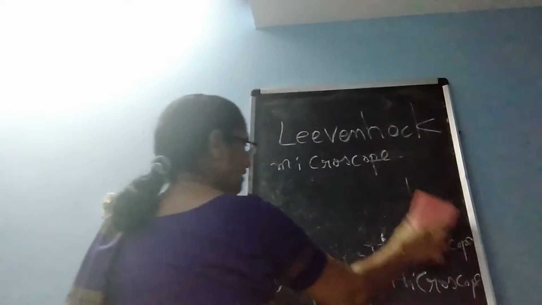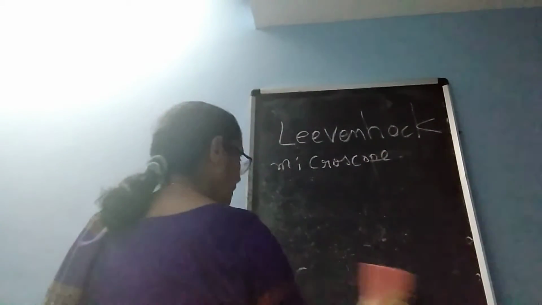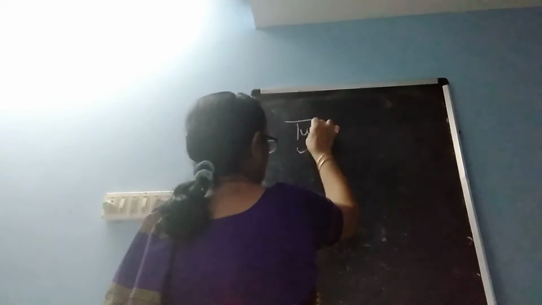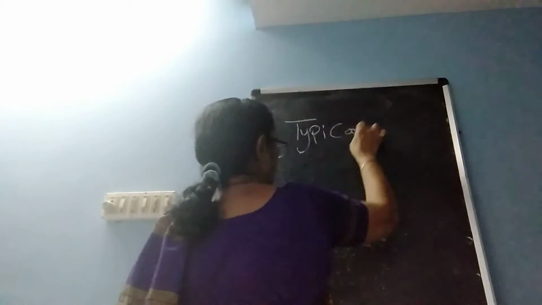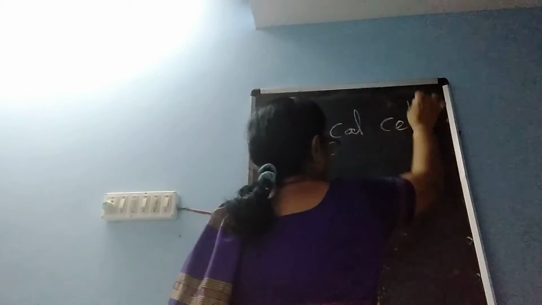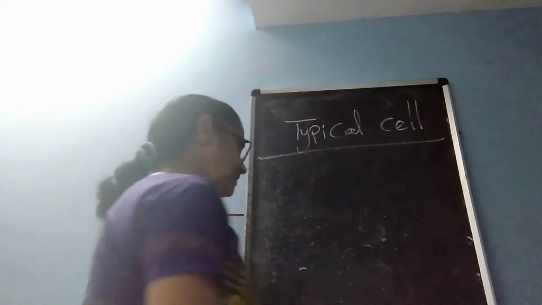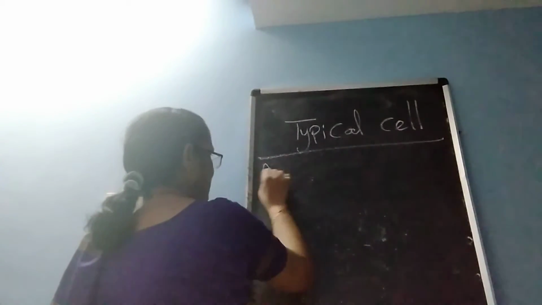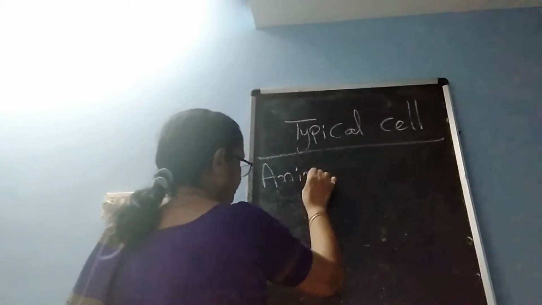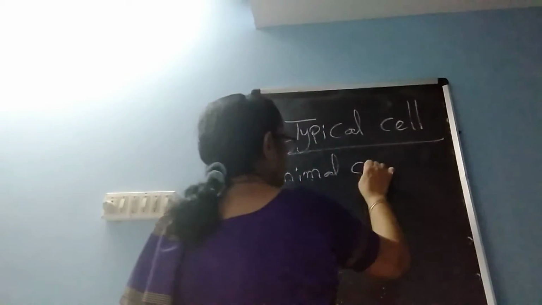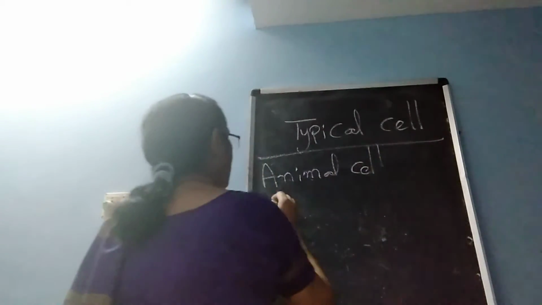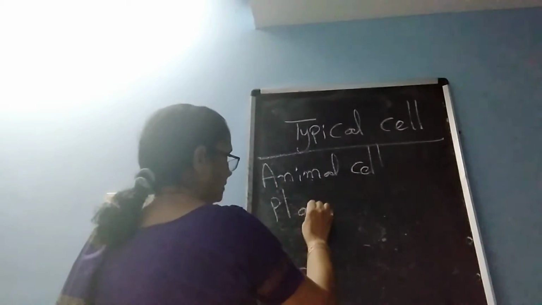Now we have to study the structure of a typical cell. Depending upon this, there are two types of cells. One is the animal cell, and the second one is the plant cell.